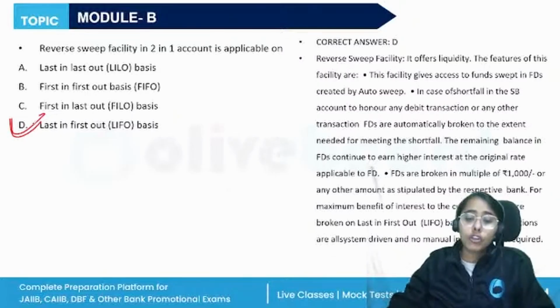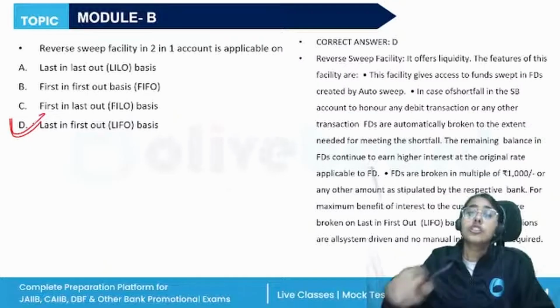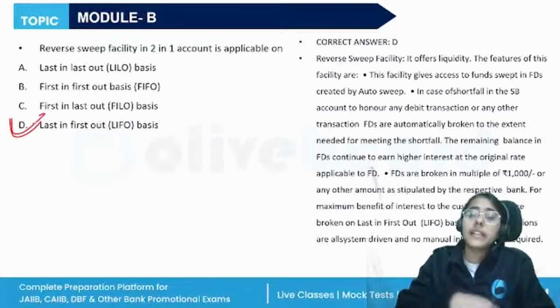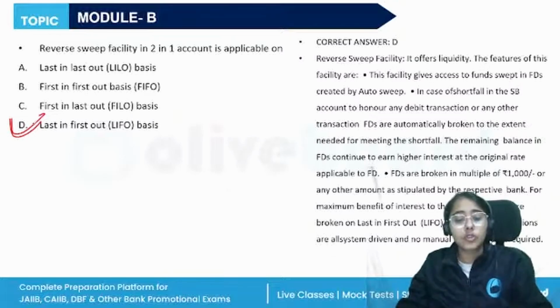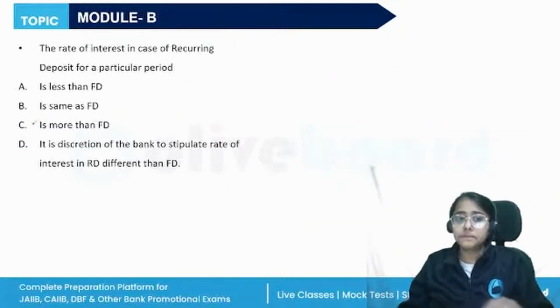So there is the auto sweep facility which offers maximum returns, and reverse sweep facility which offers liquidity, and it is on the last in first out basis, in which the last deposit is broken to meet the shortfall in the operating account. So the last deposit is first broken. Just go through the notes that I've given and it will be clear.